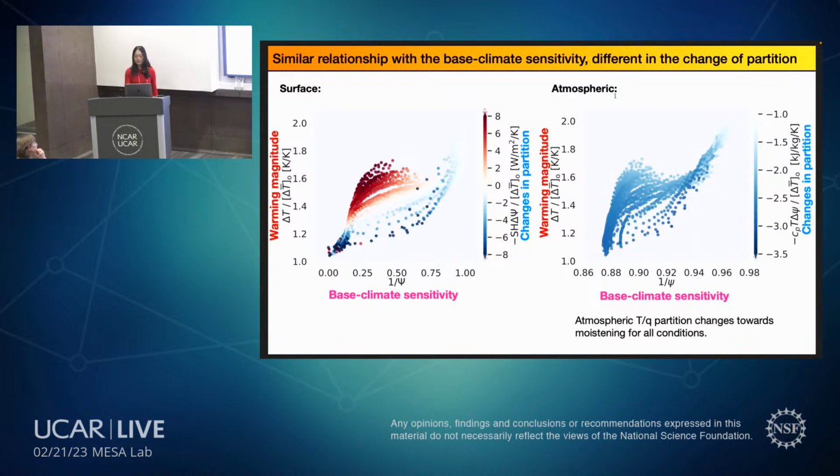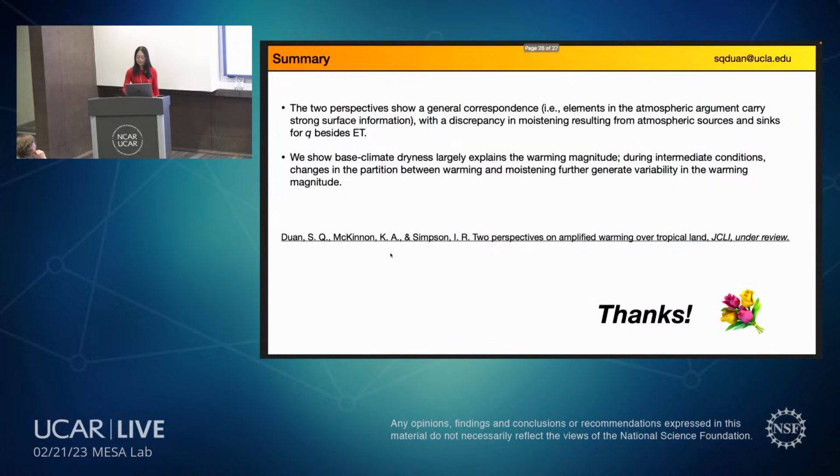So for the atmospheric perspective, we see a similar shape. But one thing different is, for the color, the atmospheric perspective always partitions towards moistening, while for the surface perspective, in the intermediate conditions, some conditions partition towards sensible, and others partition towards latent.